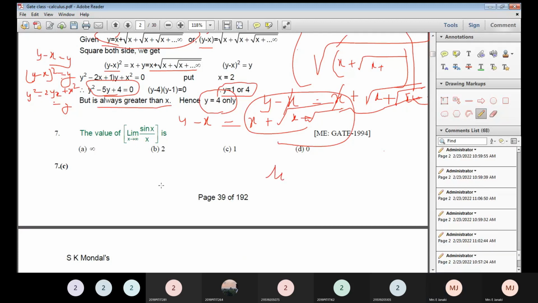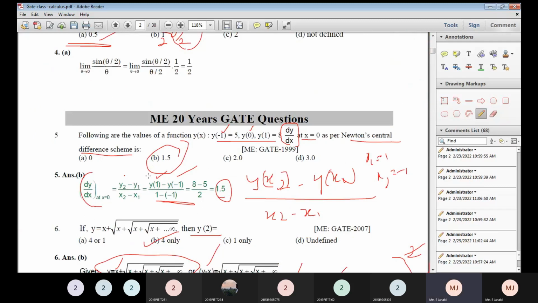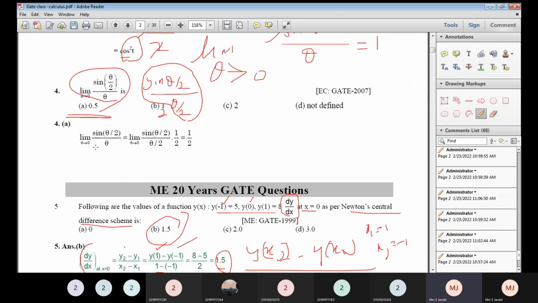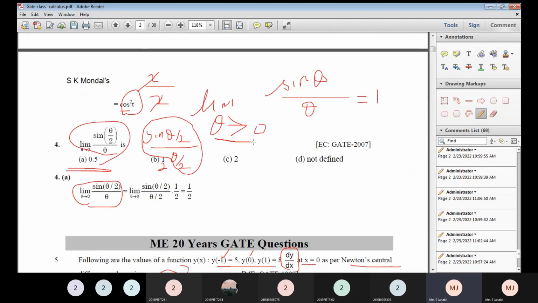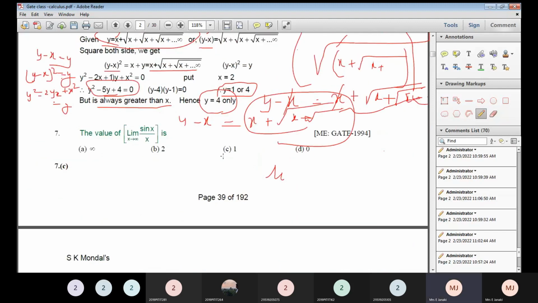Yes, the fourth problem is limit theta tends to 0 sin theta by theta, which is equal to 1. Here it is the same problem but only the limit is different. Limit x tends to infinity sin x by x.